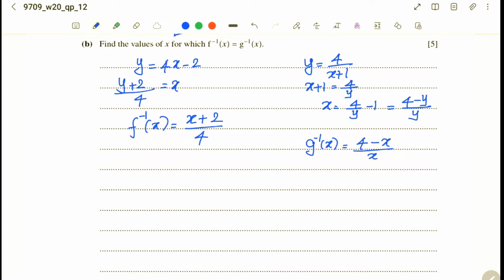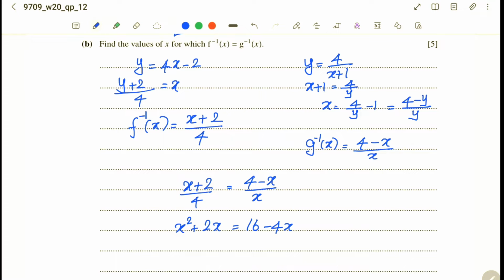So it's given f inverse of x equals g inverse of x. So let's equate (x plus 2) divided by 4 equal to (4 minus x) divided by x. So x square plus 2x equals 16 minus 4x.